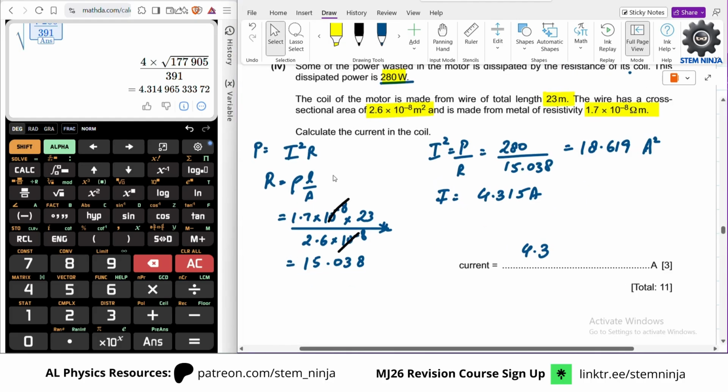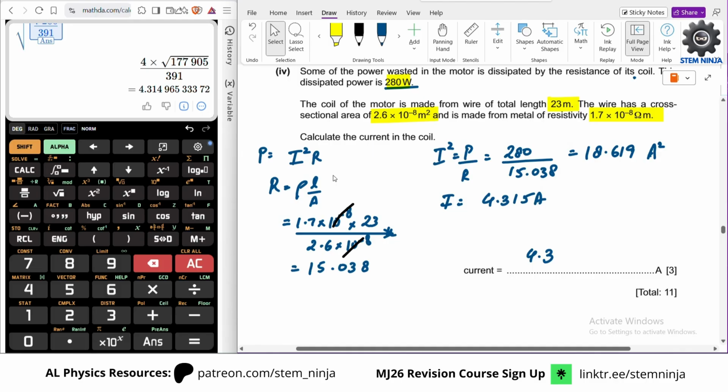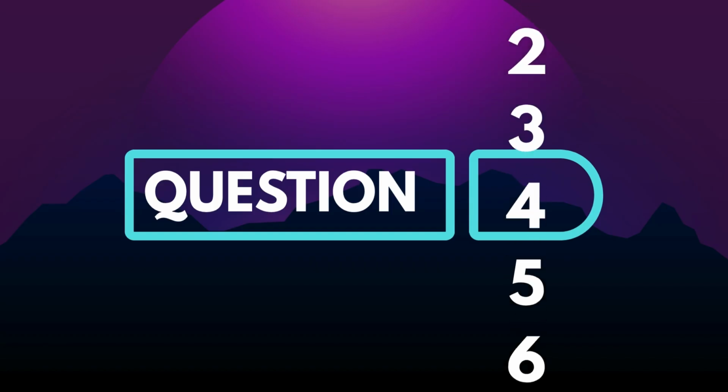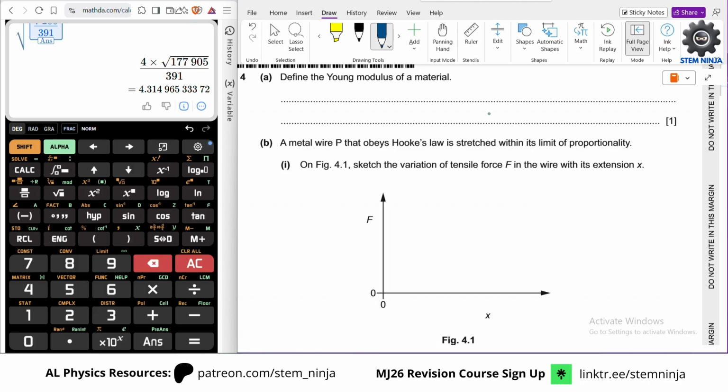Okay, alright, so next question. Question number 4. Define Young modulus of a material. So again, since this is just a ratio of stress to strain, you can define it as a ratio of stress to strain. Stress per unit strain also, you could define that.